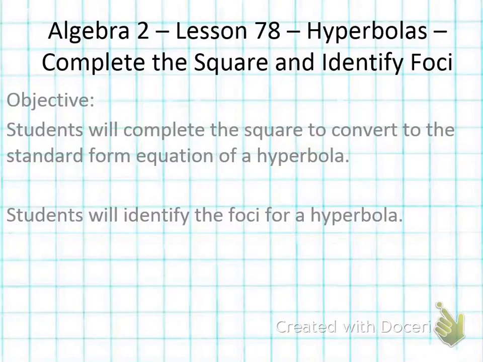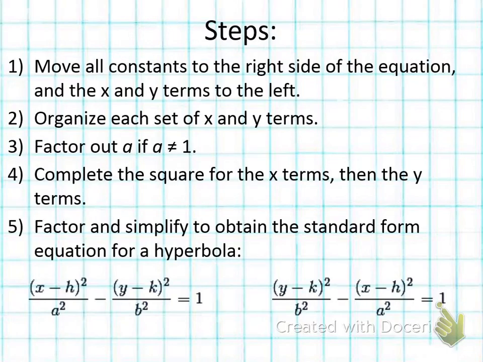Okay, then here are the steps. So just like with ellipses, the first thing you're going to want to do is move all the constants to the right side of the equation and the x and y terms to the left. Okay. Then you're going to organize the x's and y's, so you have your x squared, x, whatever, y squared, y.